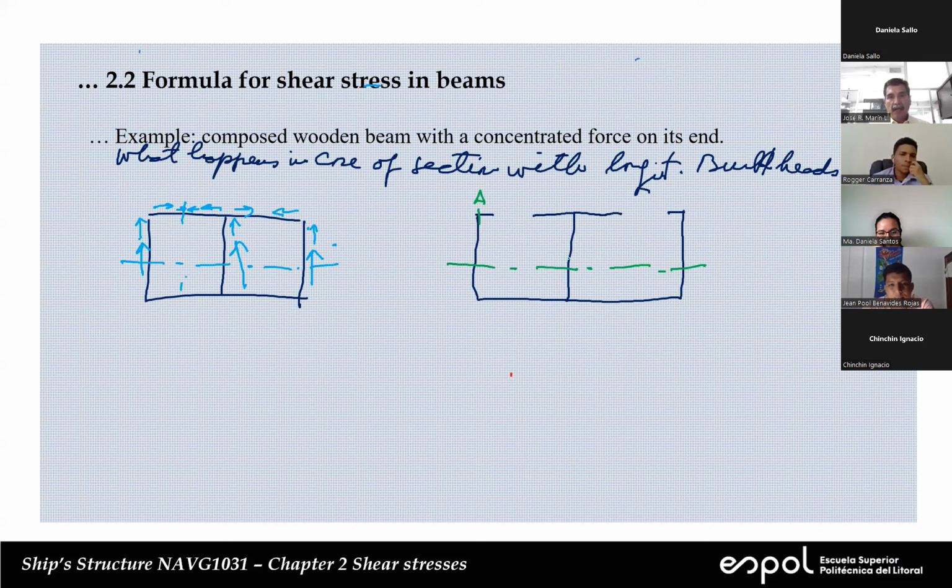If we make a cut on the side, can you calculate the shear stress in that cut? Mr. Cedeño, can you calculate it?